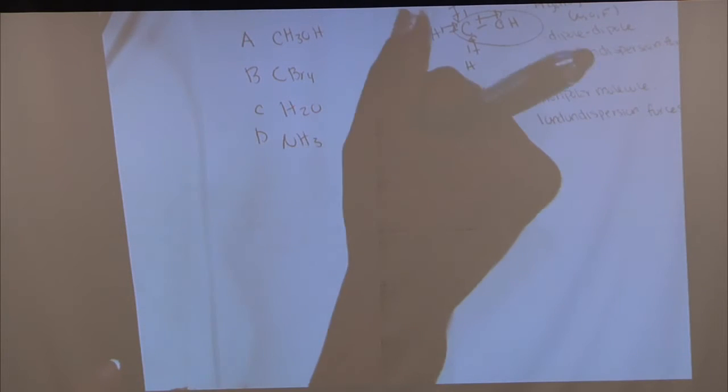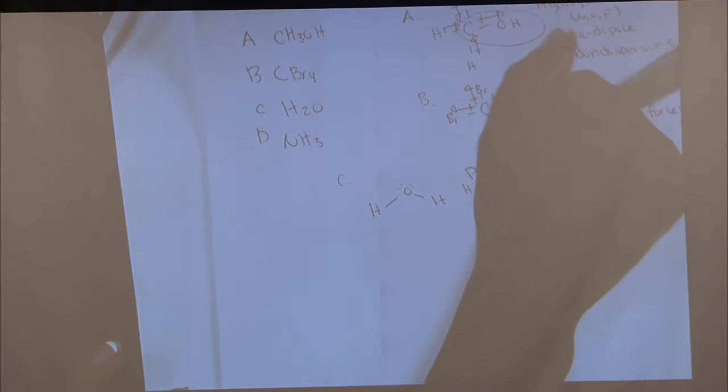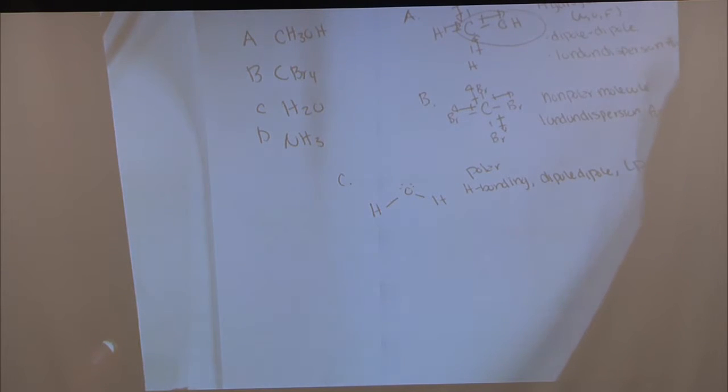I'm just going to draw out the other two. So we have H2O. And H2O is a bent molecule. It's polar. It has hydrogen bonding, dipole-dipole, and London dispersion forces.